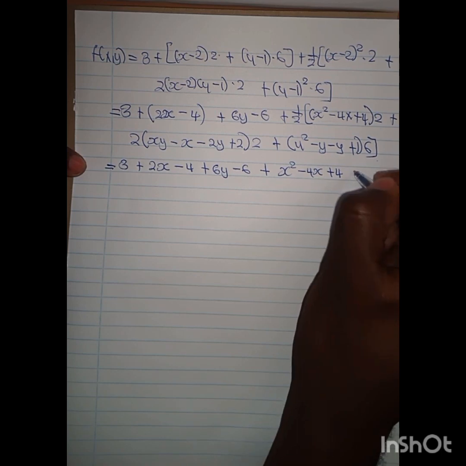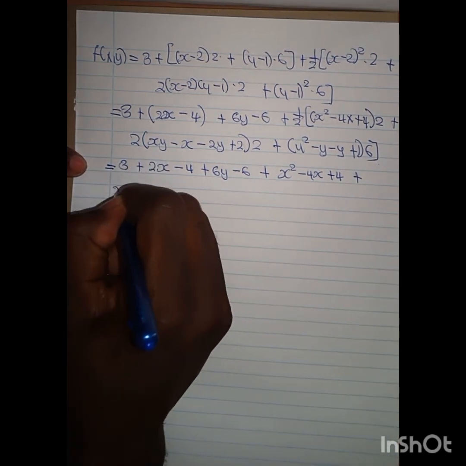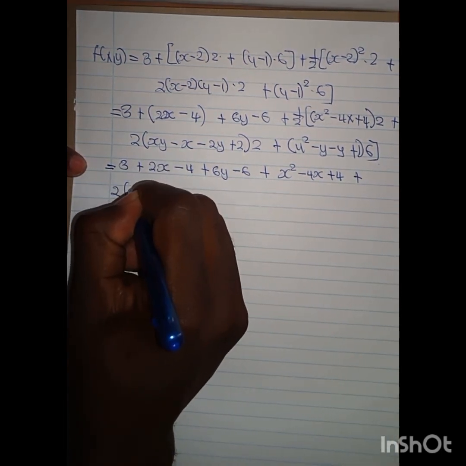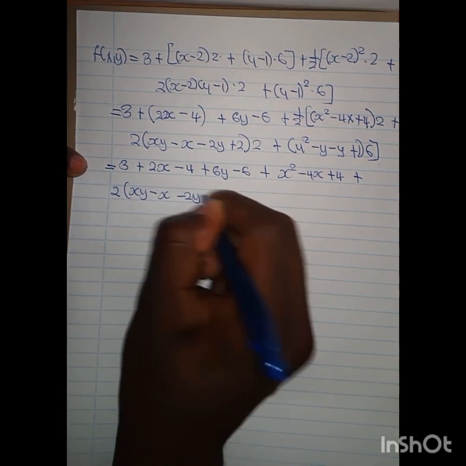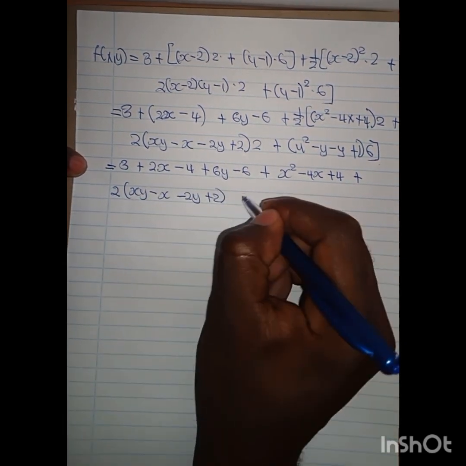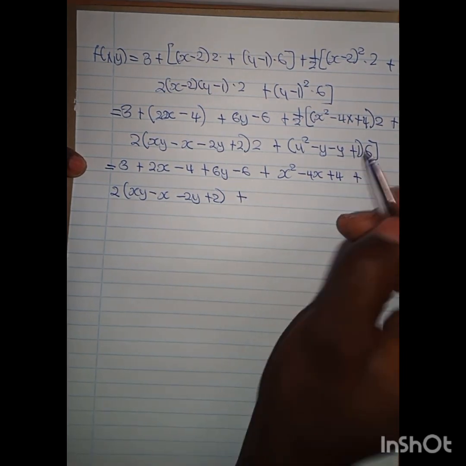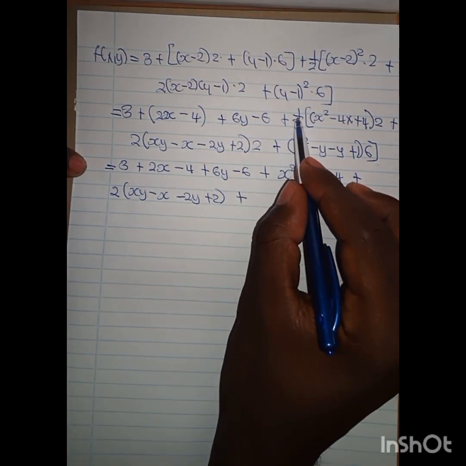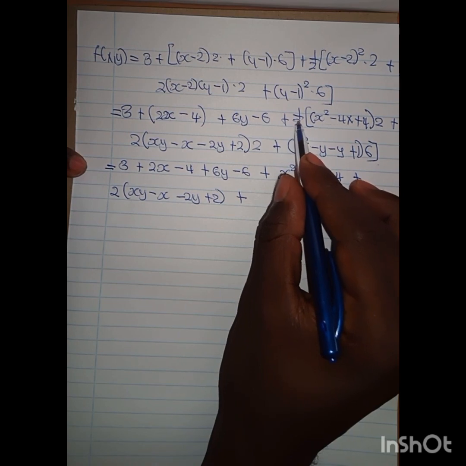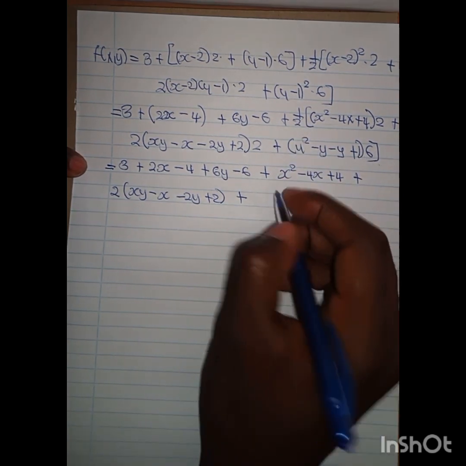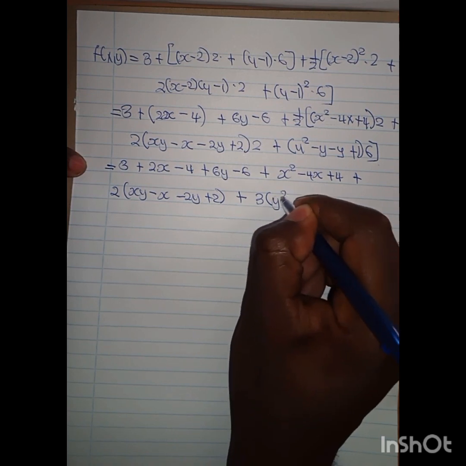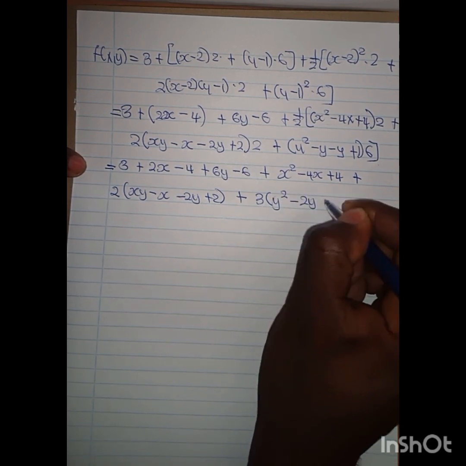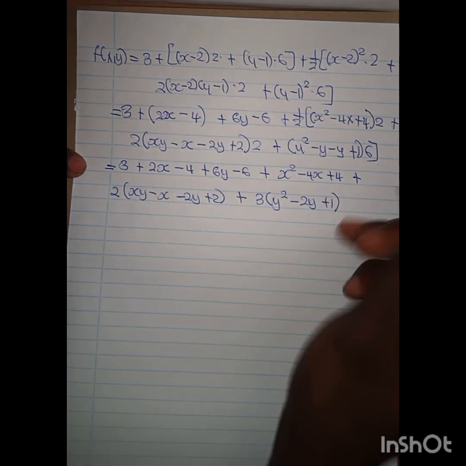Then we have plus 2xy minus x minus 2y plus 2 plus, then when we multiply this half inside the bracket, we'll have half multiplied by 6, which is 3, and then 3y squared minus 2y plus 1.